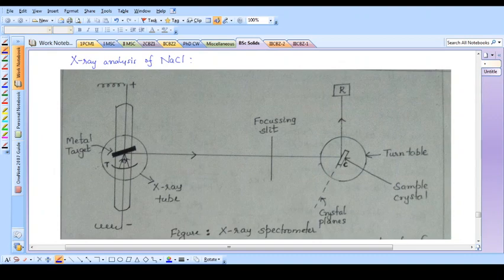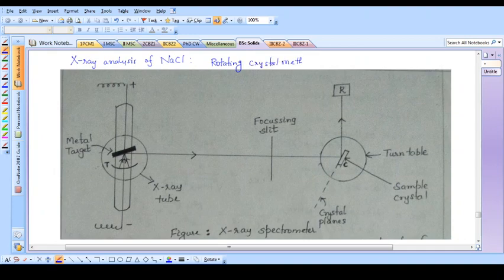The apparatus or the method that is used to find out the crystal structure of any compound, out of several methods, one of the prominent methods is called the rotating crystal method.